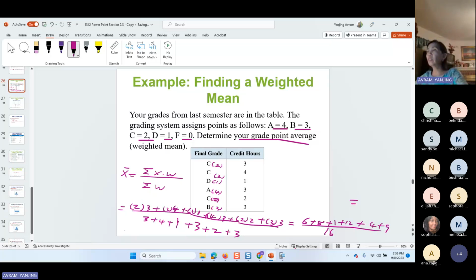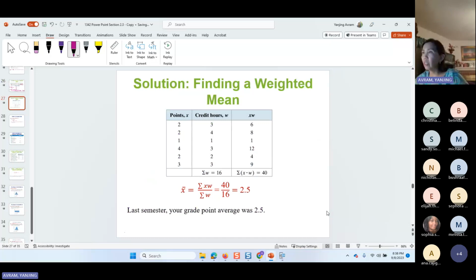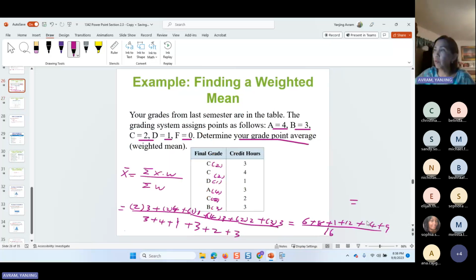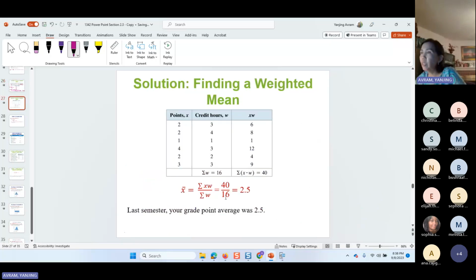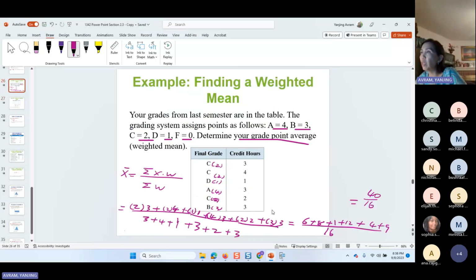So we're going to add them together, and the total is 40. So you have 40 divided by 16. 40 divided by 16 is 2.5. So the grade point average for these courses is 2.5.